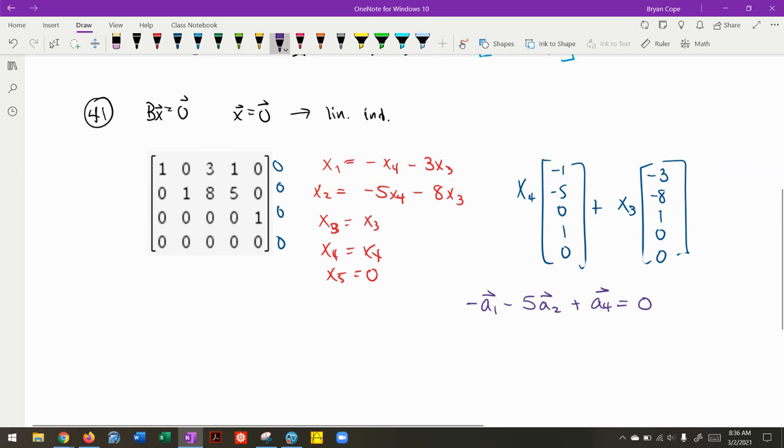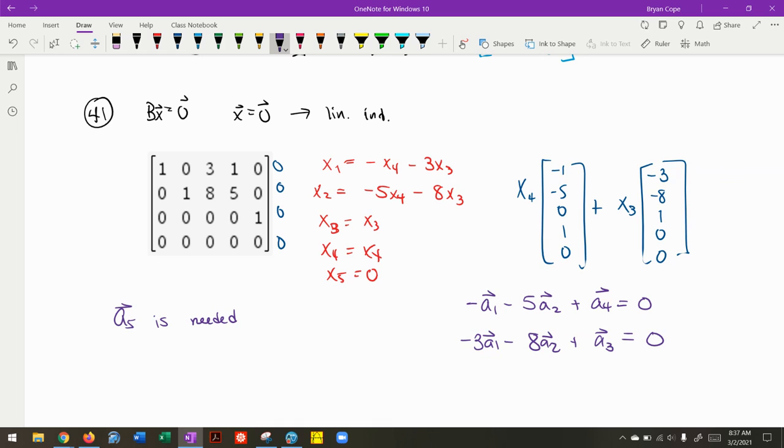And another one would be negative 3A1 minus 8A2 plus A3 equals 0. So this shows us that A5 cannot be written as a linear combination of the others, but A4 can be, A3 can be, A2 can be, and A1 can be. Okay, so A5 is absolutely essential. A5 is needed.